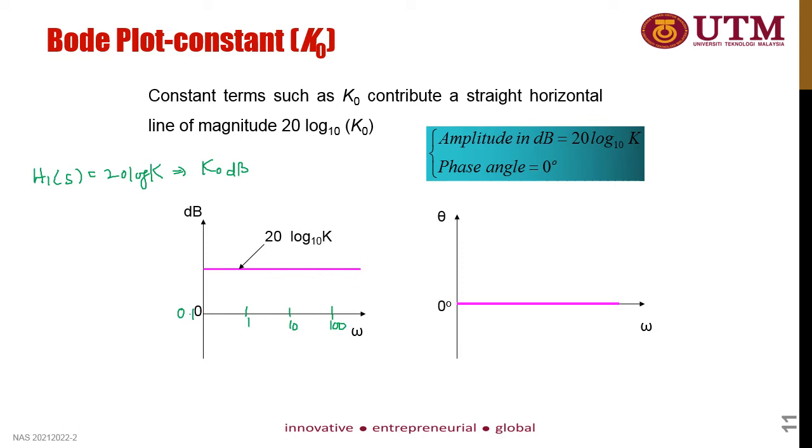If you have constant k, it is plotted as a constant value of k0 in dB, while the phase is represented as 0 degrees. Remember, when you have a constant, it is a constant magnitude and phase.